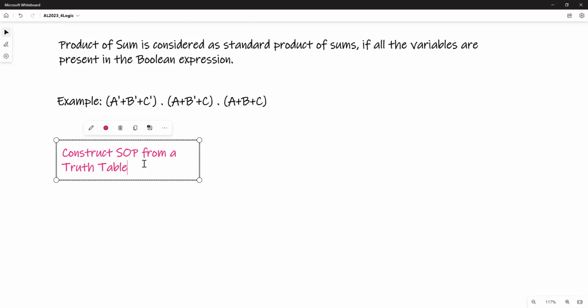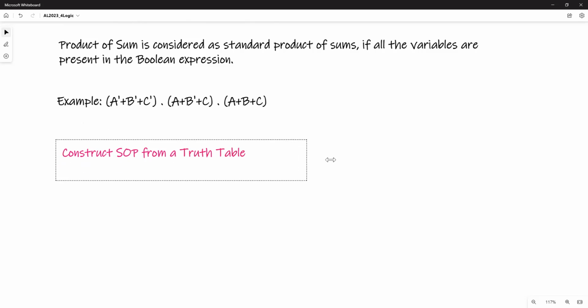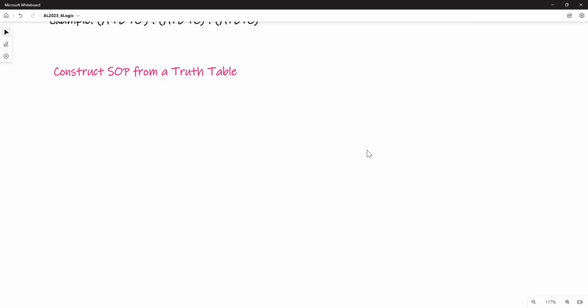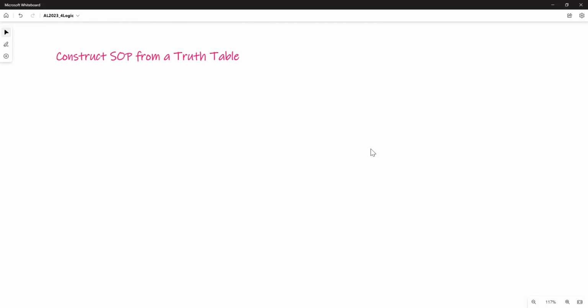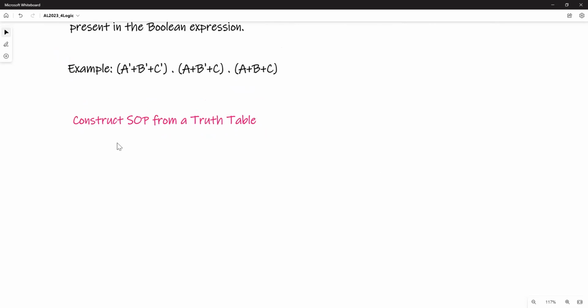What we are going to look at right now is, given a truth table, how we are going to construct sum of products. So that's what I want to explain.